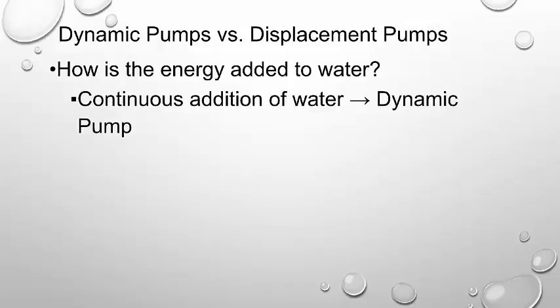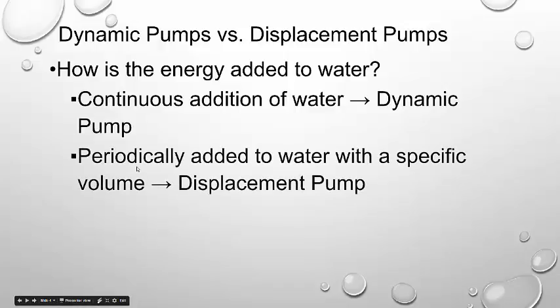So energy flows continuously into the water. If we're periodically adding this energy to water with a specific volume, that becomes a displacement pump. Okay, continuous versus periodic. And we're really not going to focus a lot on displacement pumps. There is a place for them, and I'll talk about that later.